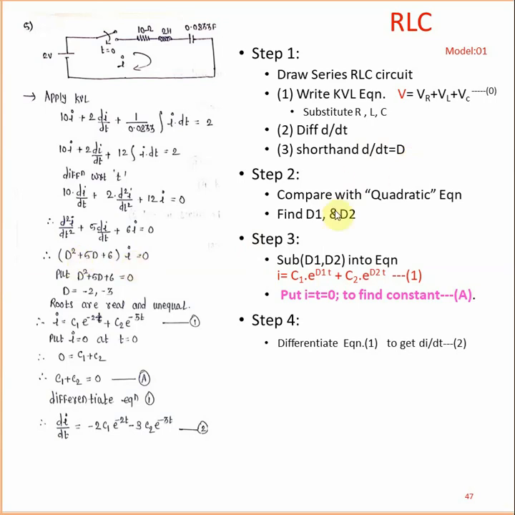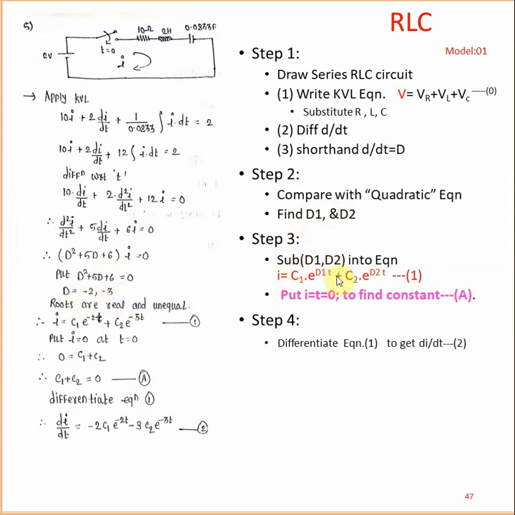So this equation goes to the quadratic equation. Substitute into the quadratic formula: A value 1, B value 5, C value 6. Minus B plus or minus the square root of B squared minus 4AC. Substitute to find D1 and D2. I got D1 minus 2, D2 minus 3.